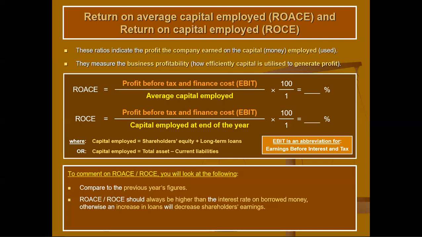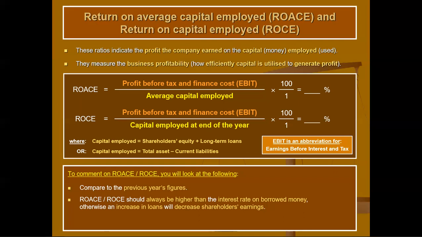If it's lower than interest on loan, that will be a problem for the business because it simply means that the business is just operating in order to repay its debt, and therefore it's not employing its capital efficiently so that the owners or equity holders can also get some return from the business's operations.